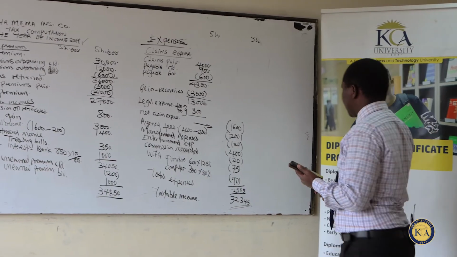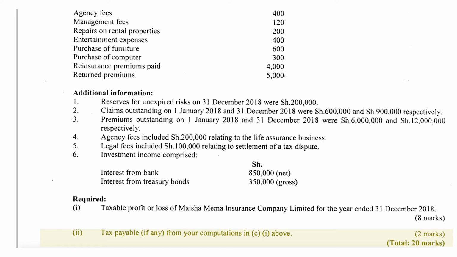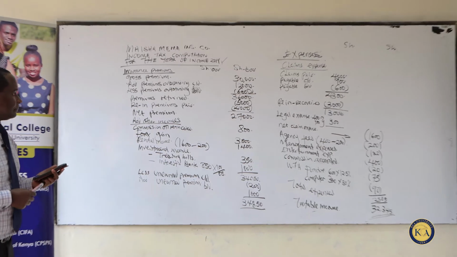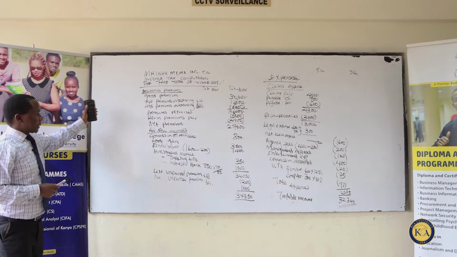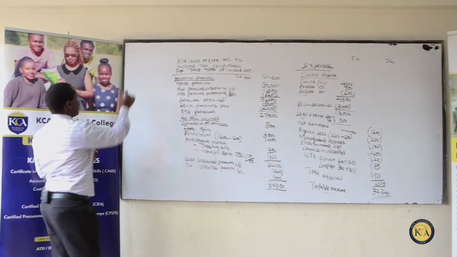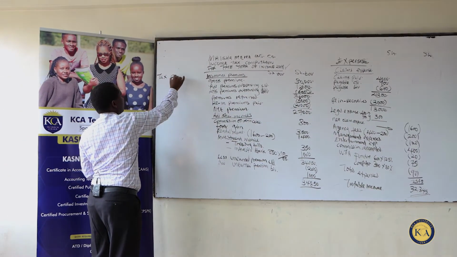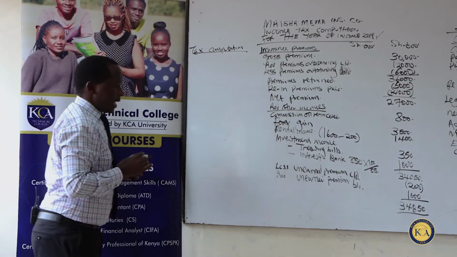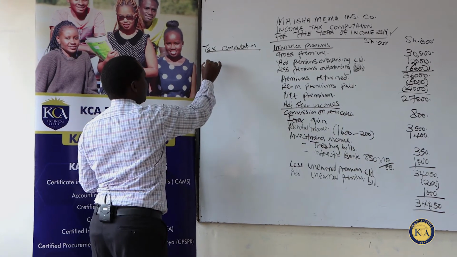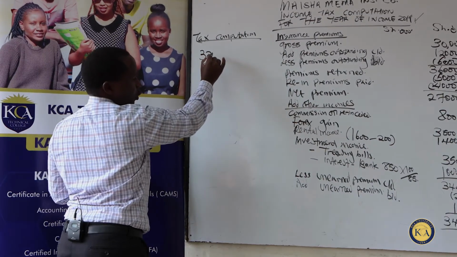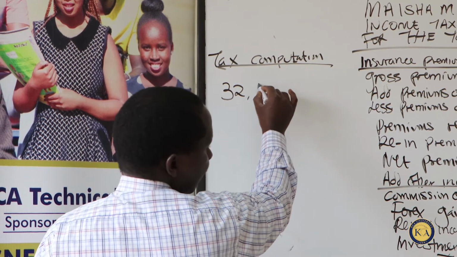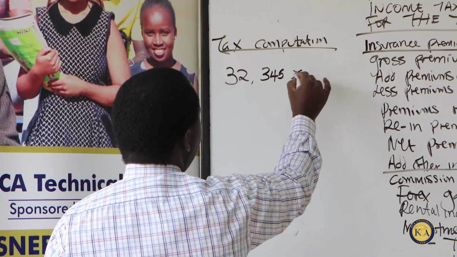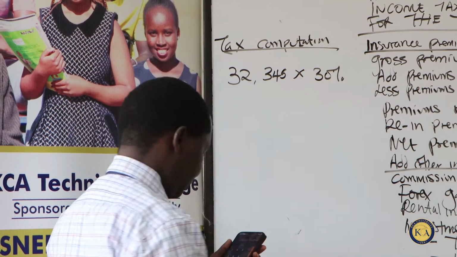The final bit that we need to conclude with is now the actual tax computation. Allow me to use the space here. The tax computation. For the final 2 marks, I take my value, 32,345, I multiply by 30%.